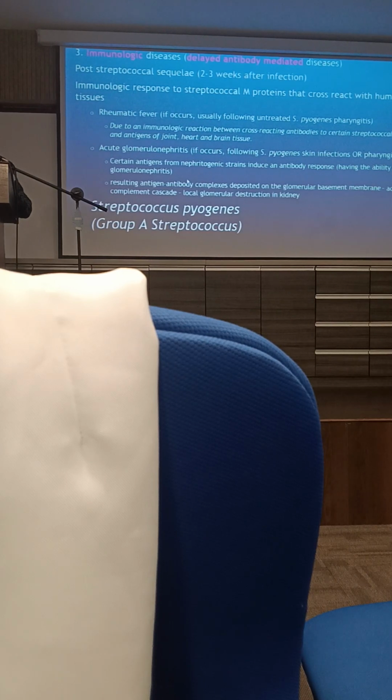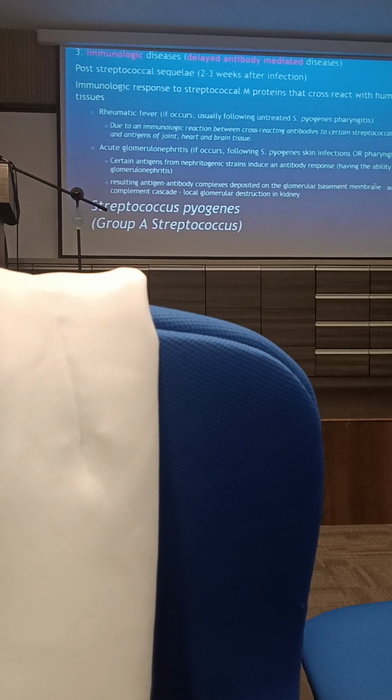So you remember this from your immunology, right? It's the M protein from the bacteria that can cross-react with the heart tissue. And then in acute glomerulonephritis, this antigen antibody complex is deposited on the kidney glomerular basement membrane, causing destruction.